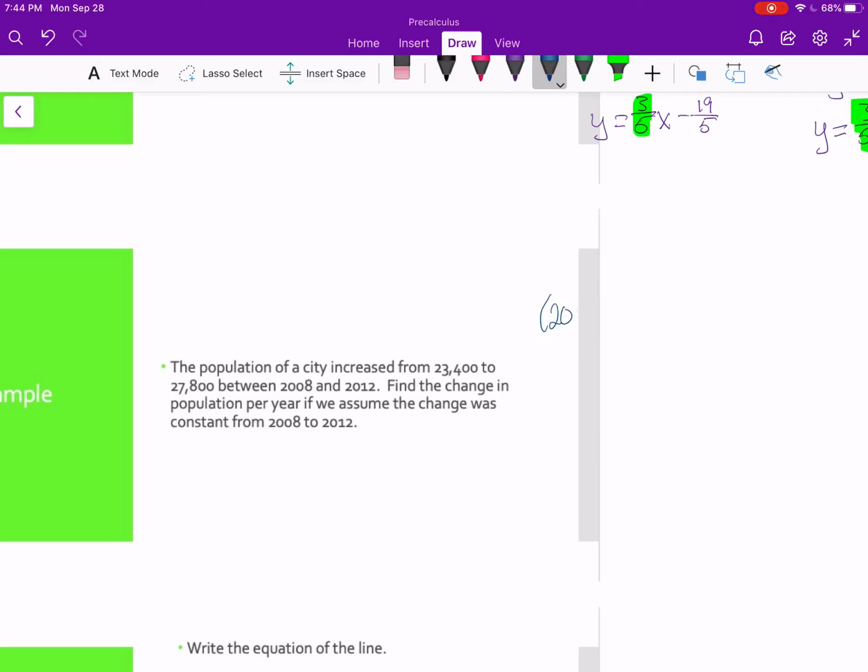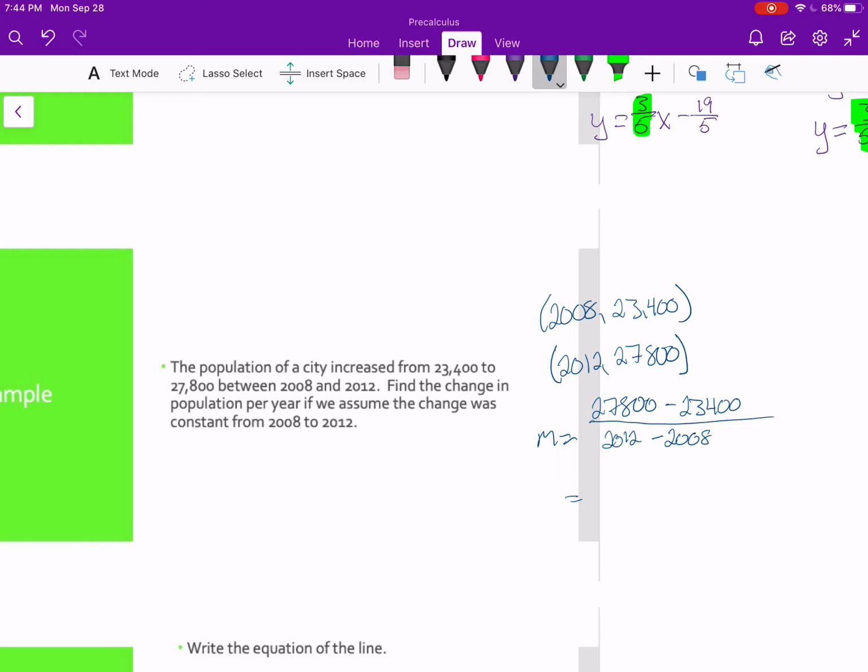We have 2008, 23,400. And we have 2012, 27,800. So to find the slope, we take 27,800 minus 23,400 all over 2012 minus 2008.